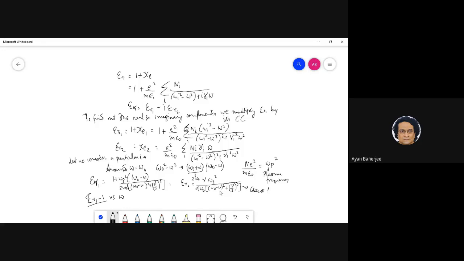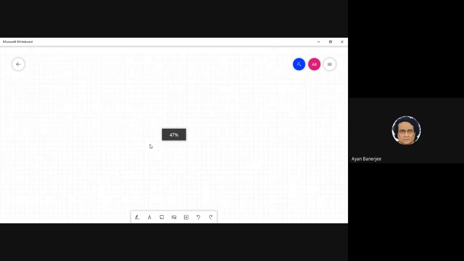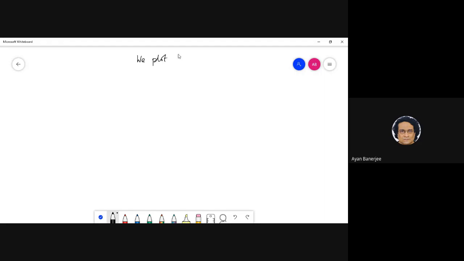This one is always nonzero. Now let us go and plot, and understand the physical consequences. So basically we plot epsilon r1 and epsilon r2 versus omega.